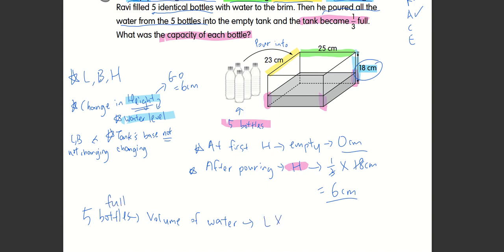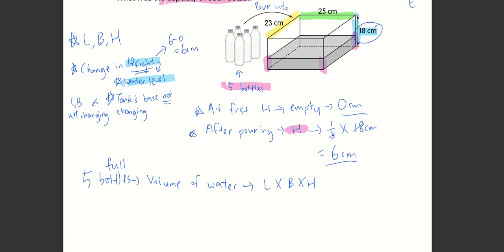So I have length times breadth times height. In this case, the length is 25 centimeters times the breadth is 23 centimeters times the height. We are talking about this change in height, 6 centimeters. That's the volume of water. You should get a certain amount in cubic centimeters.